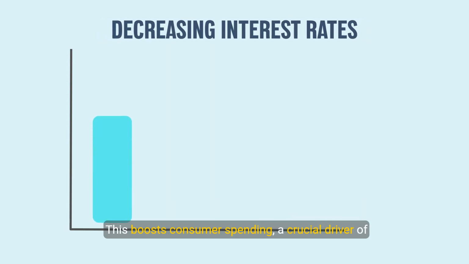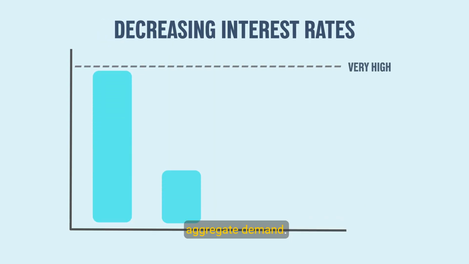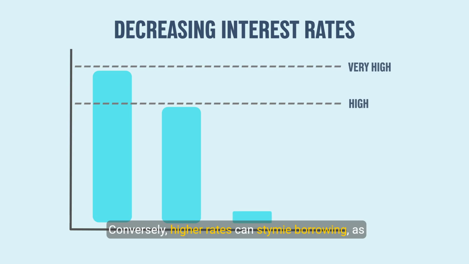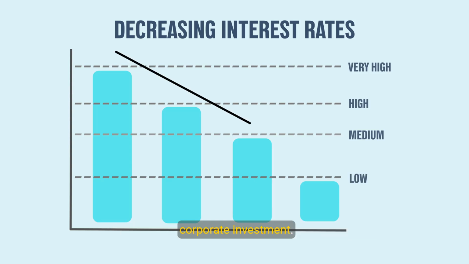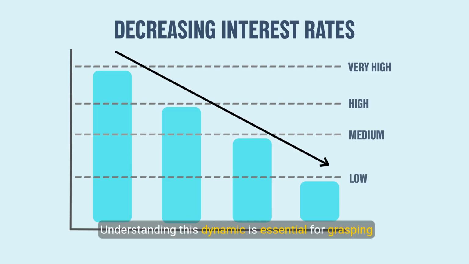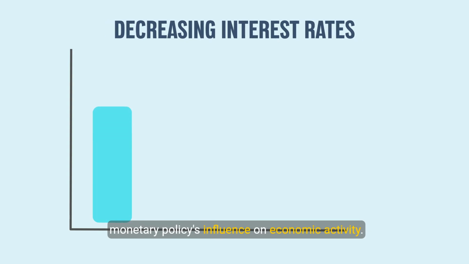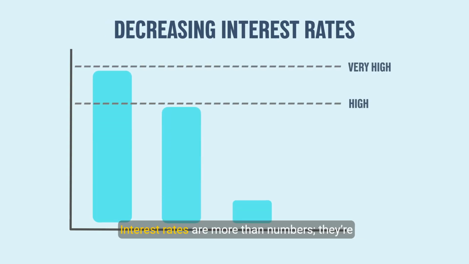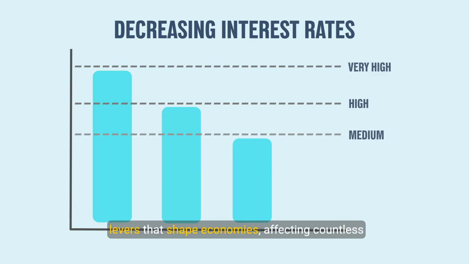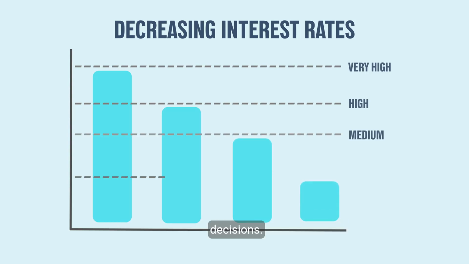This boosts consumer spending, a crucial driver of aggregate demand. Conversely, higher rates can stymie borrowing, as loans become costly, cooling consumer spending and corporate investment. Understanding this dynamic is essential for grasping monetary policy's influence on economic activity. Interest rates are more than numbers, they're levers that shape economies, affecting countless decisions.